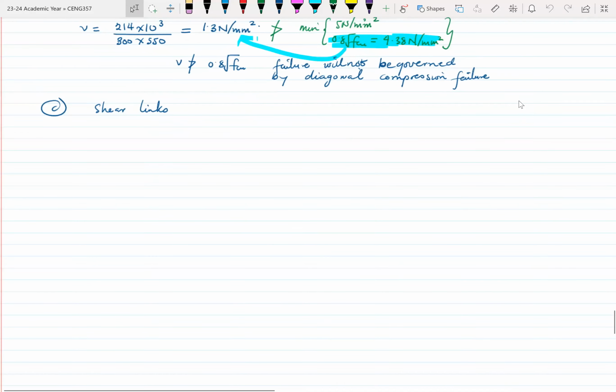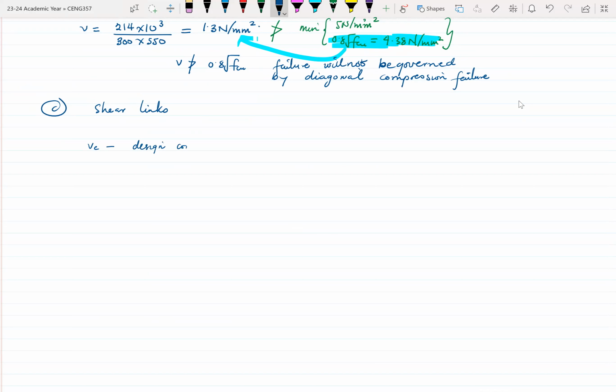So let's find the VC, which is the design concrete shear stress. Okay. And we get that from the table. I think last week I showed you. As part of this lecture, I showed you a similar table. I'll bring it up again so that we see what the table is.